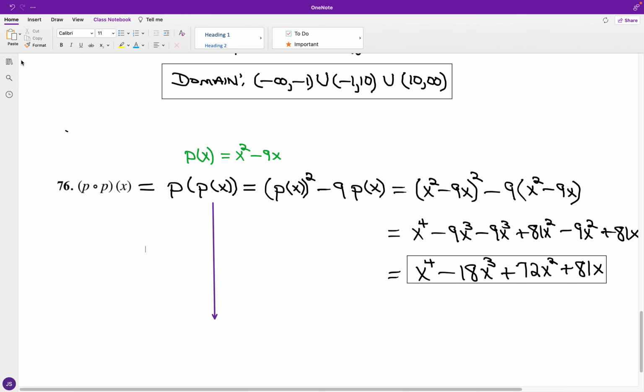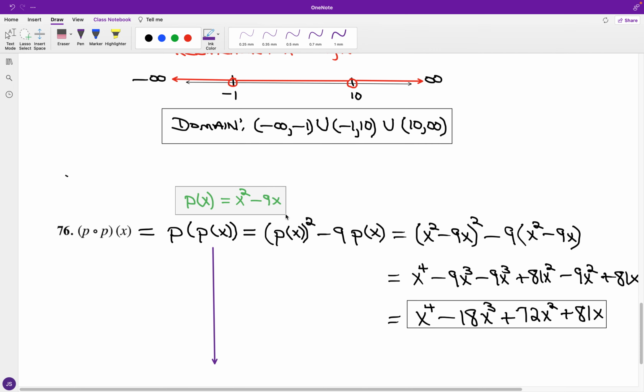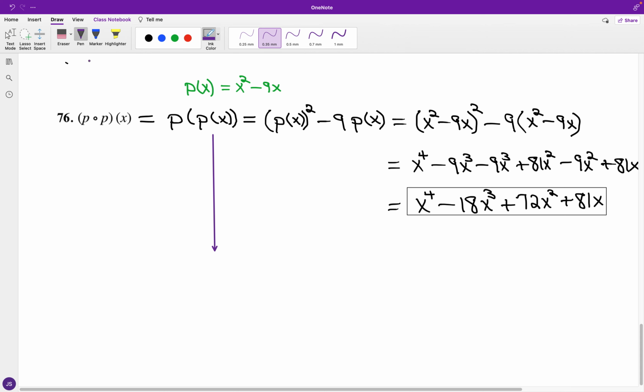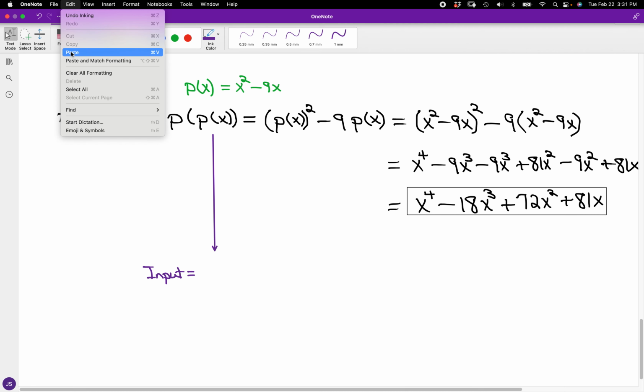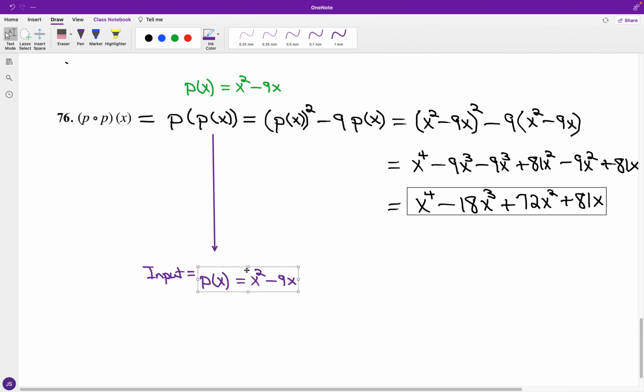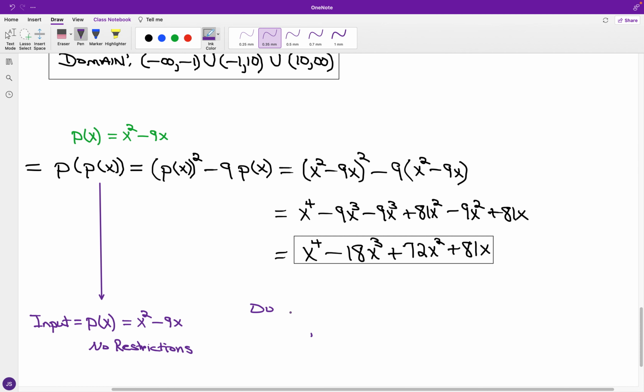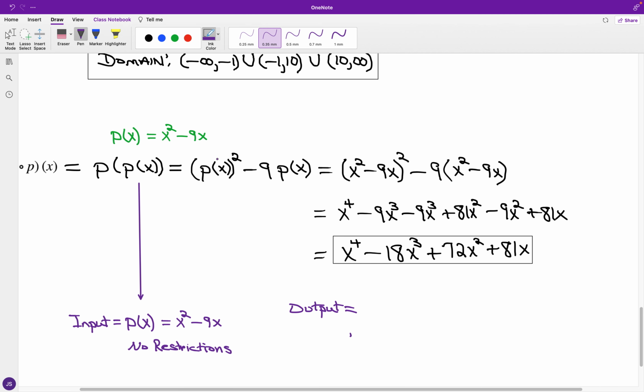And we'll scan for what we have in the case of the input. So the input at p of x equal to x squared minus 9x, and we have no restrictions. And again, with the output, we have this fourth degree expression.